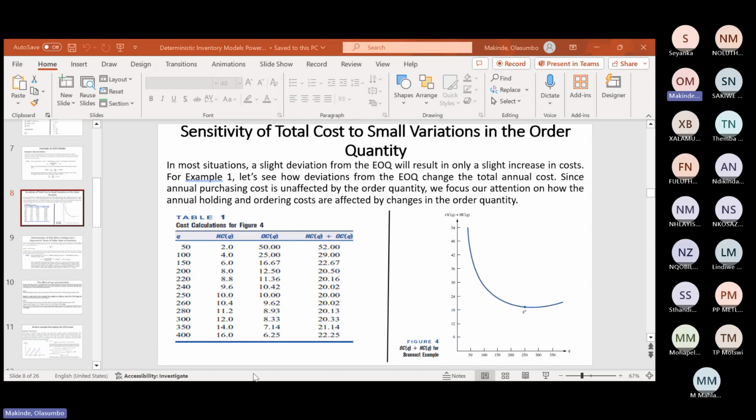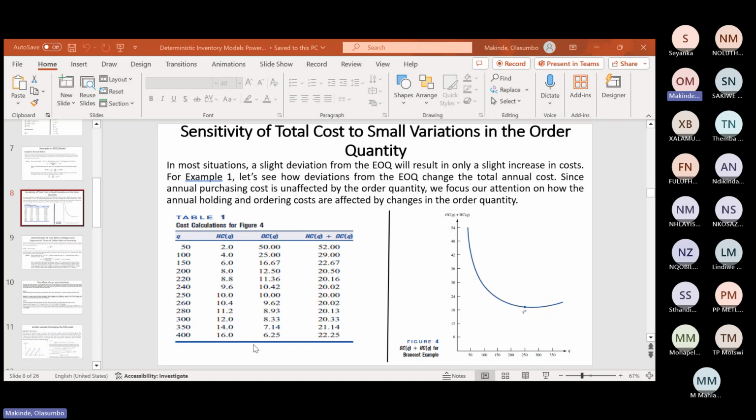When you work out how sensitive your cost is, you don't include the purchasing cost. Because we saw even when we were deriving the formula that when we differentiate TC with respect to Q, DC gave us 0, meaning that it doesn't really influence how our ordering cost will look, because whether you purchase an item now to use or purchase it to keep, you still need to buy it.